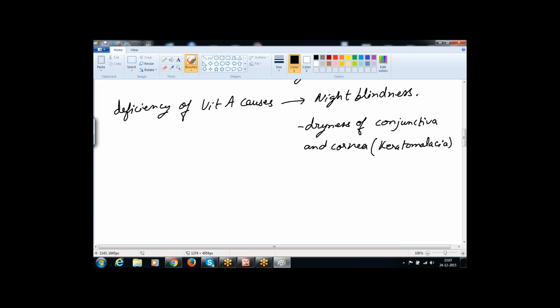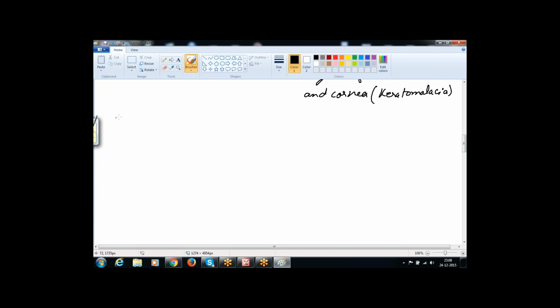So all you have to know is that deficiency of vitamin A leads to night blindness and keratomalacia. Of course, vitamin A should be supplemented in these patients. And then we have vitamin D.